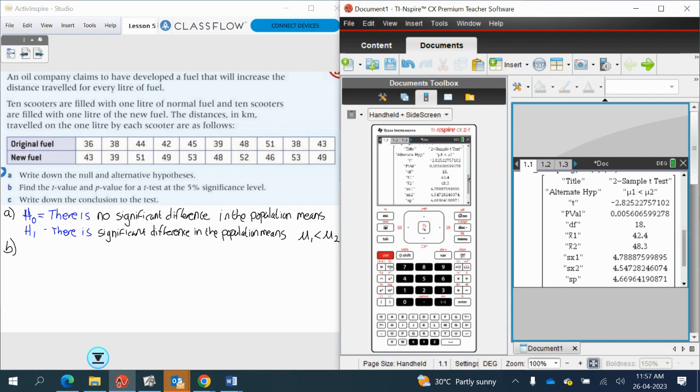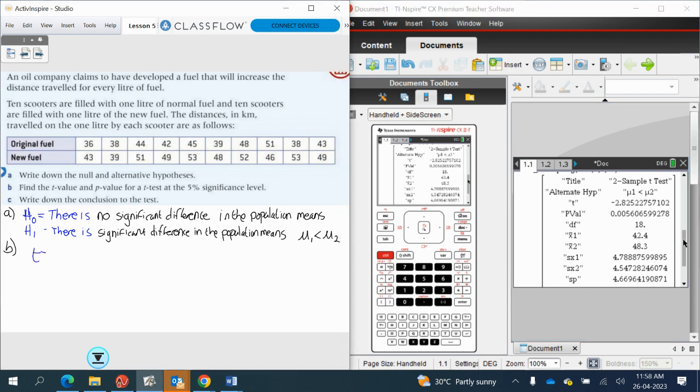This is asking us for the t and the p values. Let's copy those down. We've got t is equal to minus 2.83, and p value is equal to 0.00561.